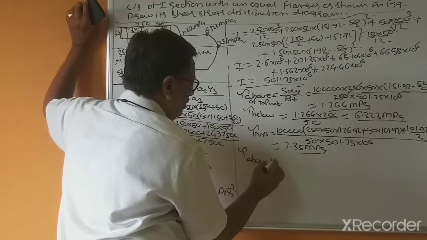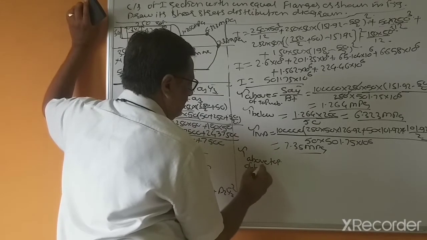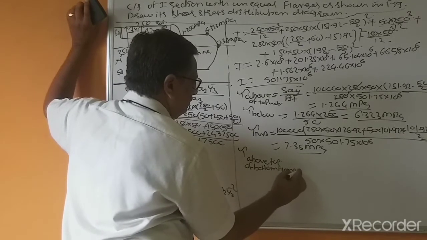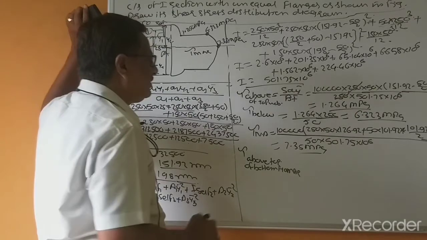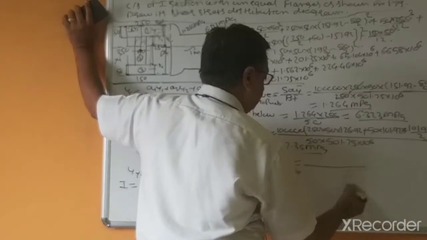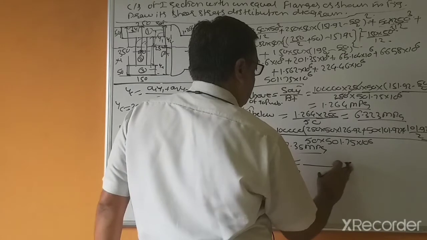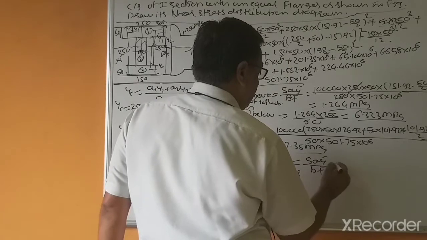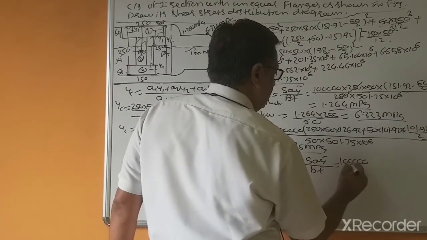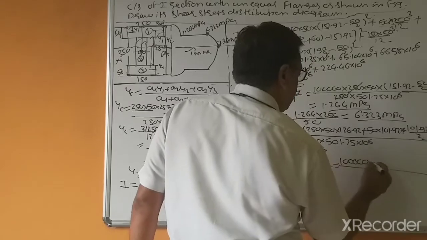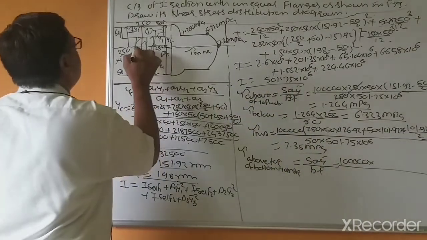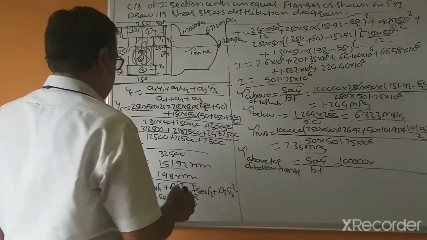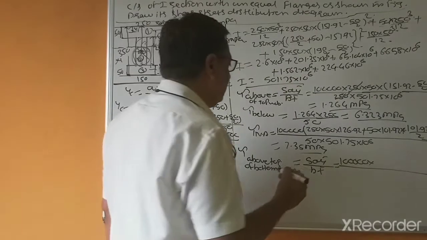Now we'll see, this is above top of bottom flange. Top of bottom flange means again here's S A Y bar divided by B I. Area. Now this area is to be considered, this is area. This is 198 means minus 50.